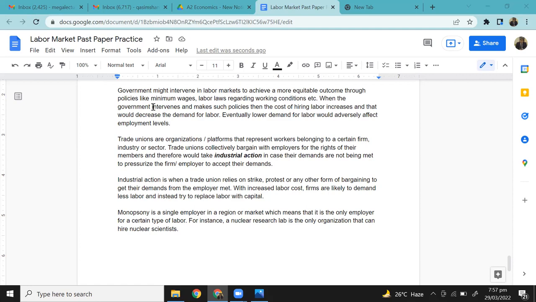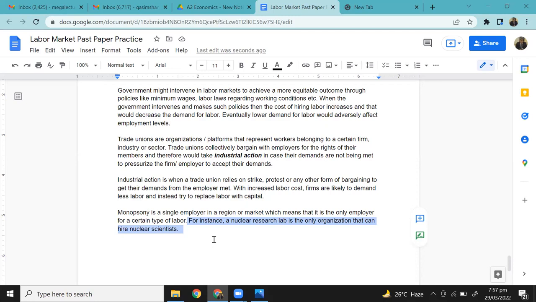Absolutely, that's correct. So first of all, you define what monopsony is. Then you also gave an example of a monopsony labor market. So in a monopsony labor market, for instance, there is a nuclear research lab. Now, normal businesses don't hire nuclear scientists. I mean, what's the point? You don't need anyone qualified in nuclear physics.